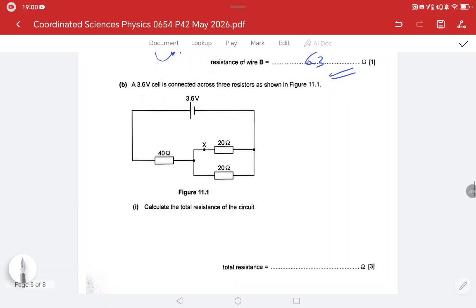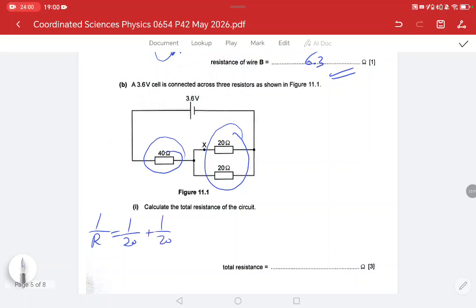Next one: a 3.6 volt cell is connected across 3 resistors as shown in figure 11.1. Calculate the total resistance of the circuit. To find the total resistance, you first need to find the resistance of the parallel part and then add it to the one in series. So 1 over R equals 1 over R1 plus 1 over R2, which is 2/20.